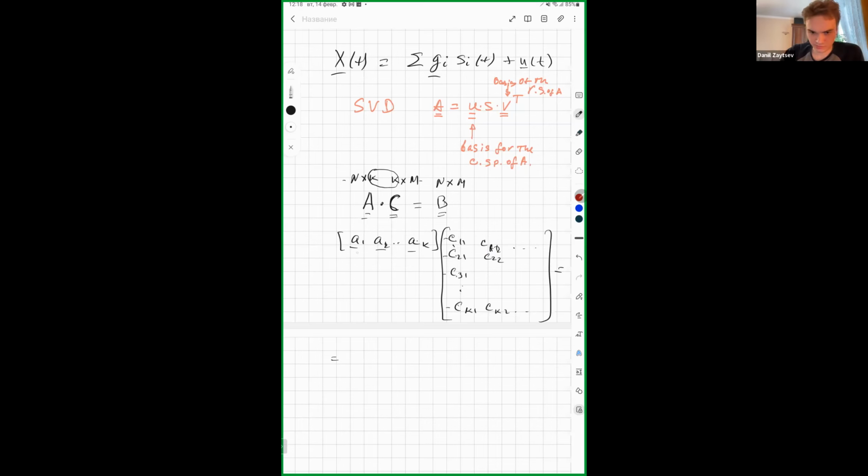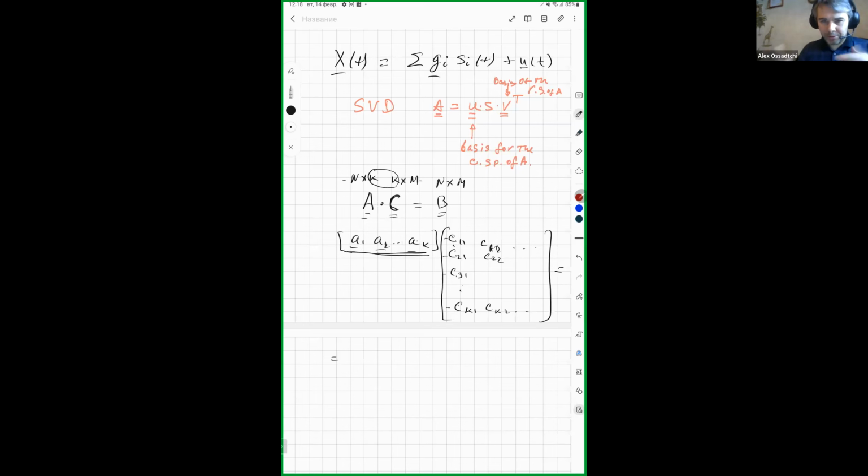If I take the second element, it's the same story: I take the second elements of the vectors of A and combine them with the same coefficients. So basically each column of matrix B will be a linear combination of columns of A.